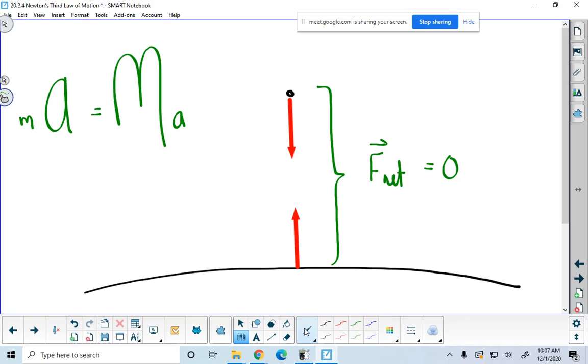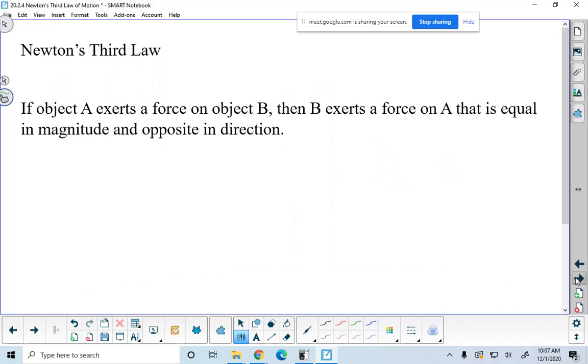When I push on a vehicle that's stuck in the snow and I finally get it moving, the fact of the matter is, however many newtons I'm pushing forward on the car is pushing with that many newtons backwards on me. And we don't often talk about those forces because they're not usually useful. But this leads us to Newton's third law.